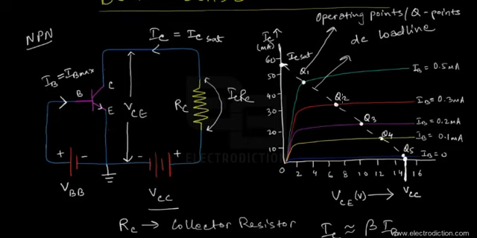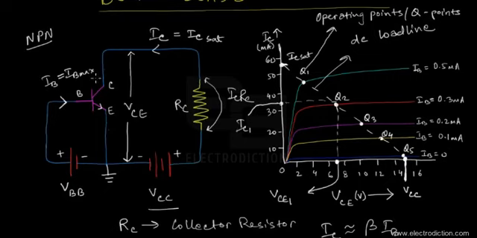Let's say we consider Q2 over here. If we plan to keep this BJT biased at this point Q2, then we would need to provide a particular collector to emitter voltage. Let's call this one VCE1. So we need to put the collector to emitter voltage as VCE1, and the corresponding collector current would then be given by, let's say, IC1.